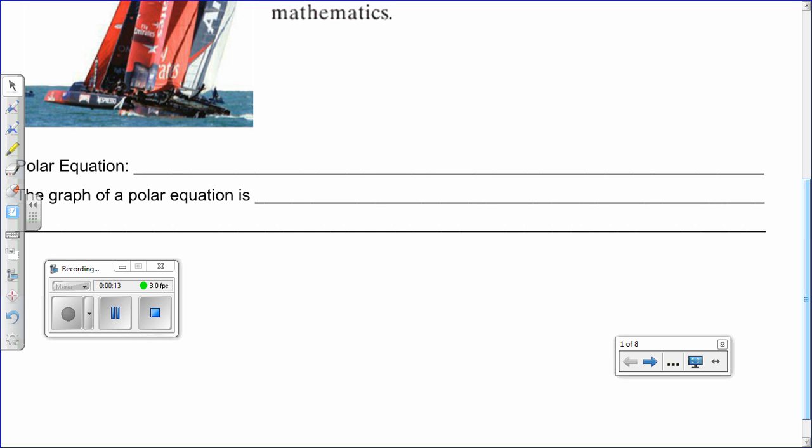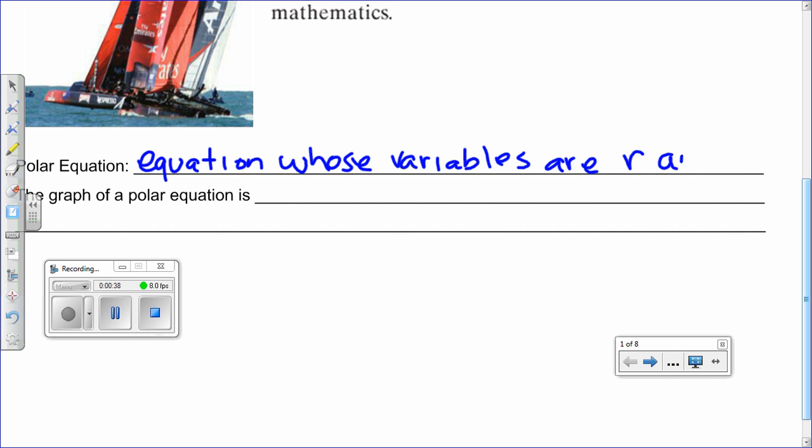Now I'm going to write down the definition of what a polar equation is and what the graph of a polar equation is. Just copy it down word by word, please. A polar equation is an equation whose variables are r and theta.